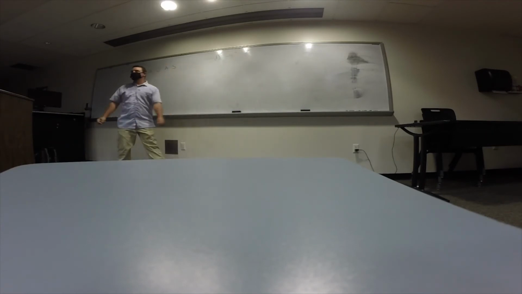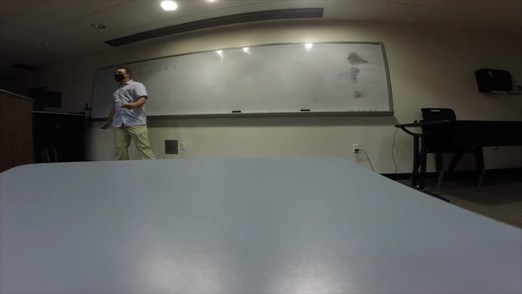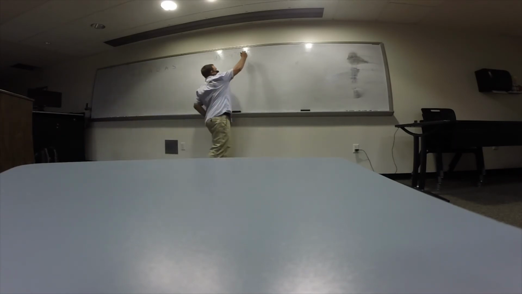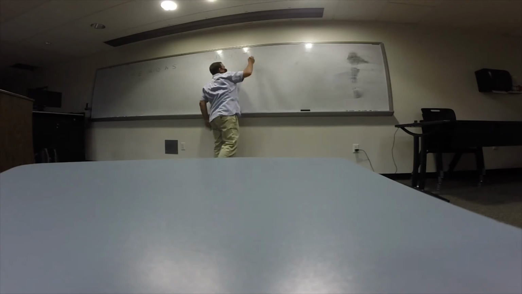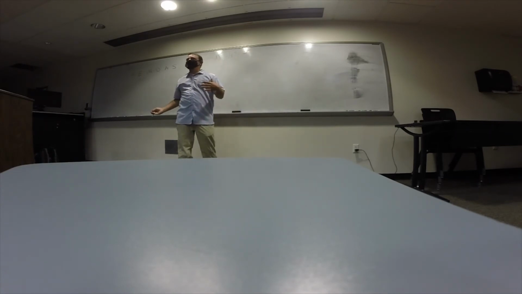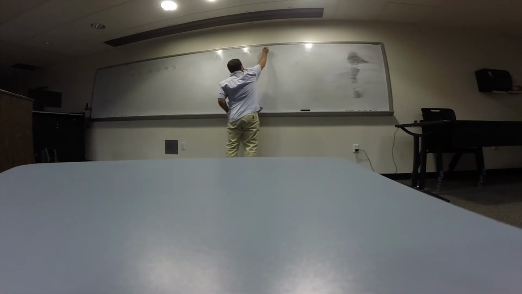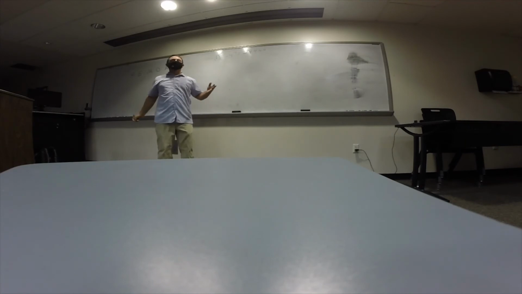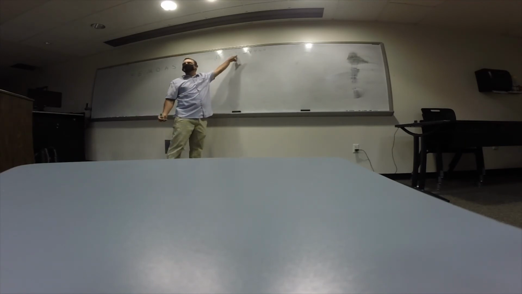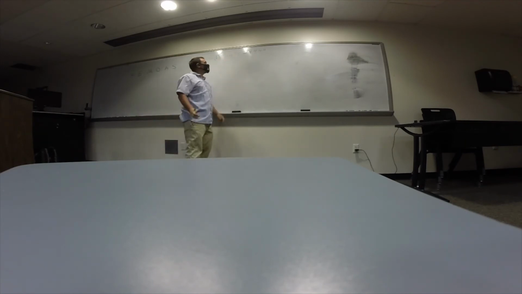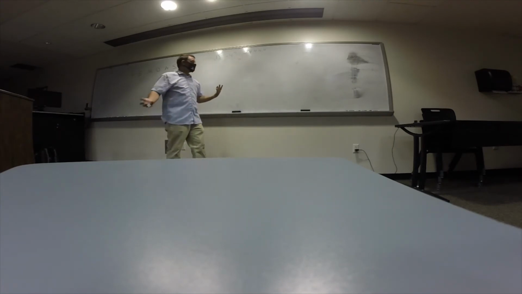Negative 4 to the 4th. This is what times what times what times what? Okay. So is it negative 4 every time or is it positive 4 every time? Positive 4, right? So it'll be negative 4 times 4 times 4 times 4, because the negative's not included in the exponent. Okay. 4 times 4 is what? 16.